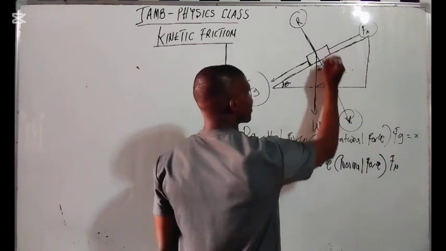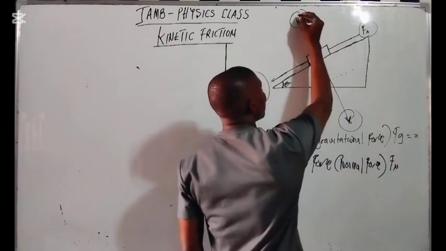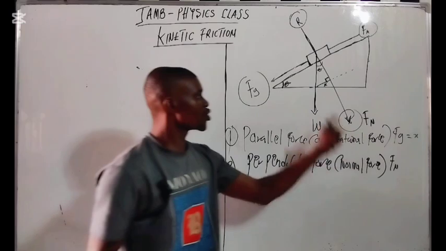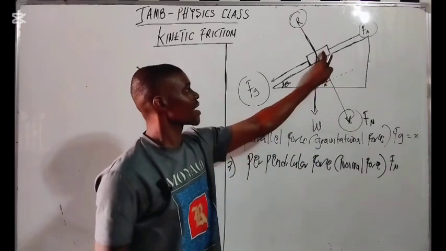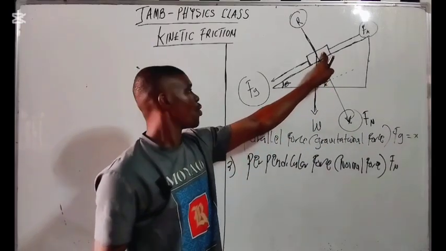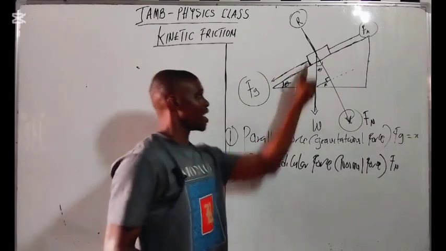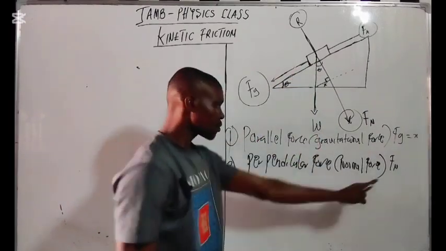So this arrow and Fn are the same thing. They are the force that keeps this box stable, while the gravitational force is the one pulling downward. Then you have the weight. Do you understand? Normal force.